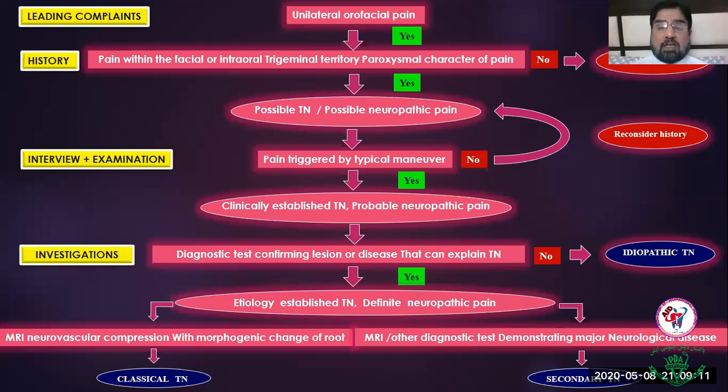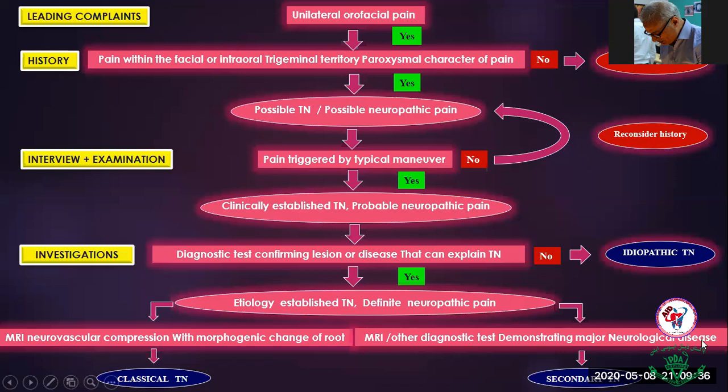But if the diagnostic tests absolutely do not give you anything, but you have the clinically established trigeminal neuralgia, then it is called idiopathic trigeminal neuralgia. Idiopathic means no finding on MRI of neurovascular level, or neurological disease, or tumor or the like. So that is why it will be labeled as idiopathic trigeminal neuralgia.